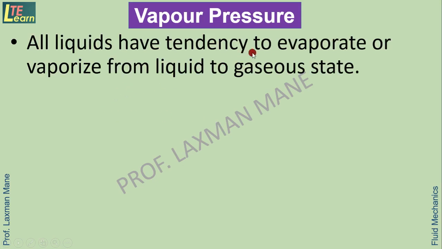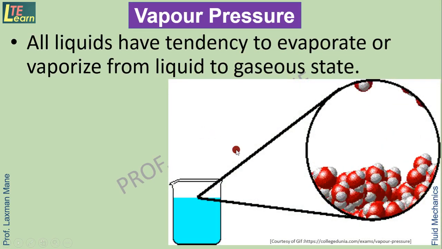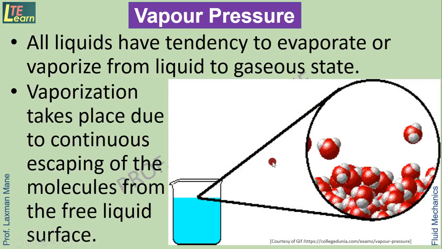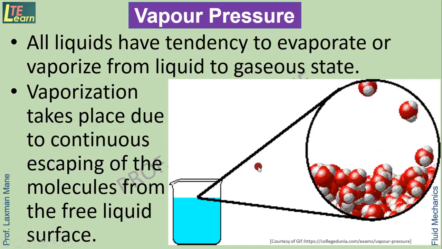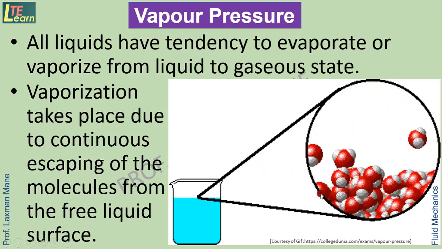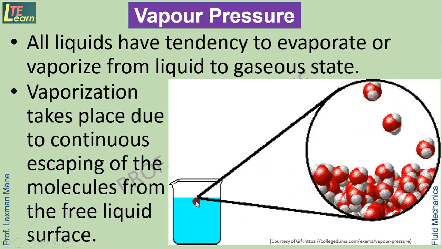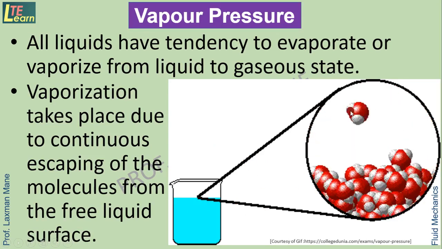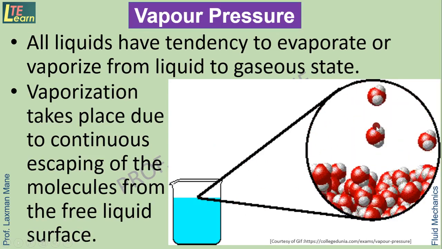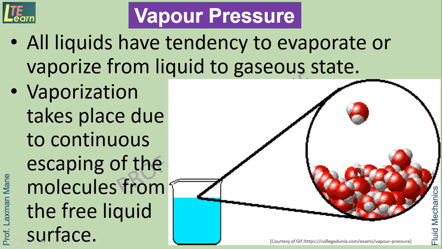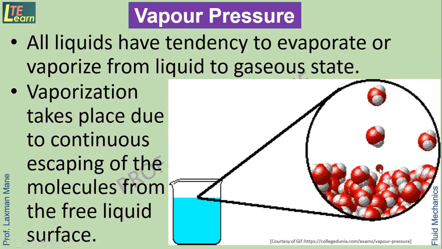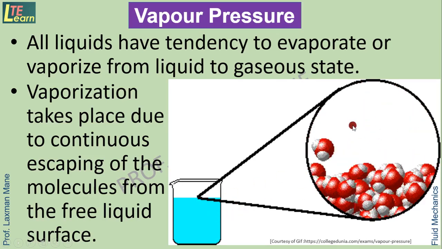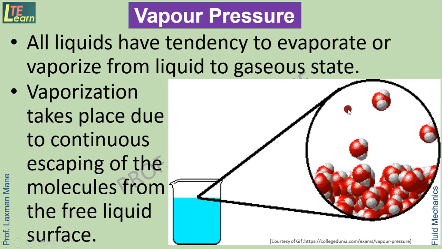All liquids have a tendency to evaporate or vaporize from liquid to gaseous state. So here we see vaporization takes place due to continuous escaping of the molecules from the free liquid surface. This is the magnified image where we see this escaping of molecules from the free liquid surface. That is vaporization.